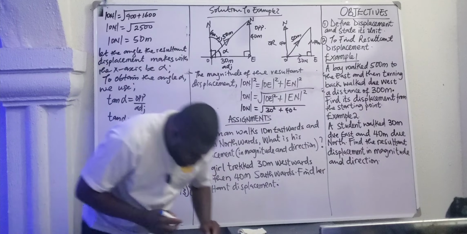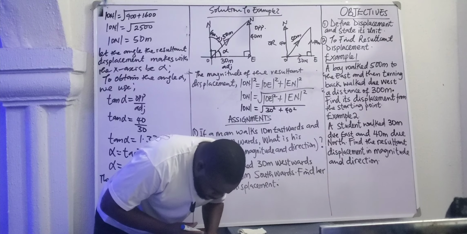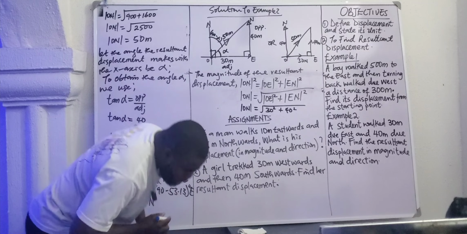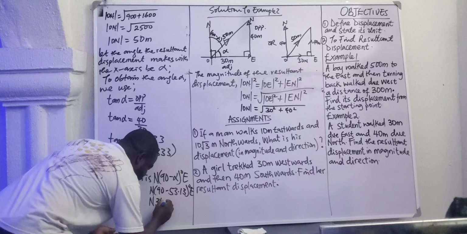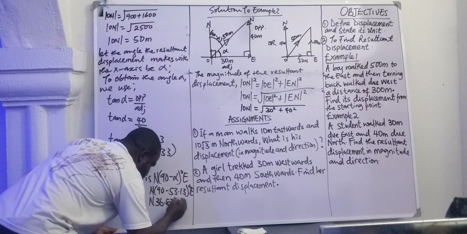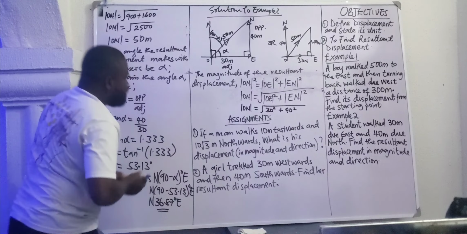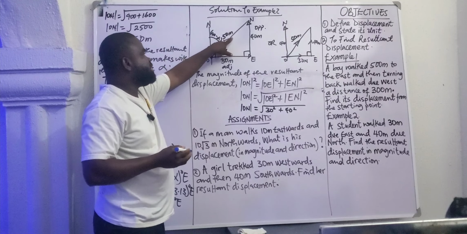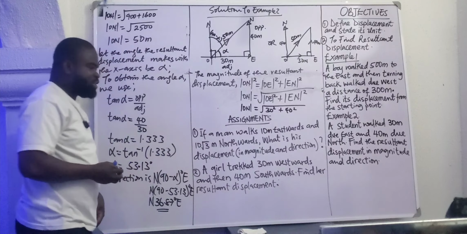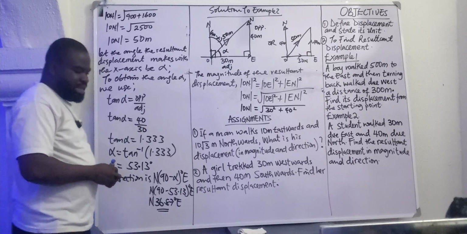If we do that subtraction, we are going to have 36.87 degrees east. That becomes my direction. That is the angle between the north pole and this displacement. That is what you will quote as direction.